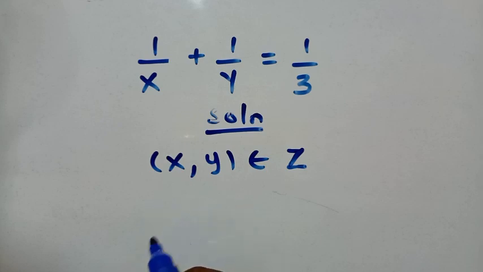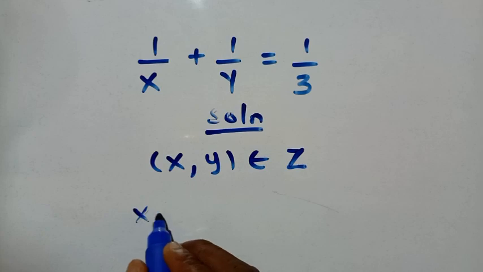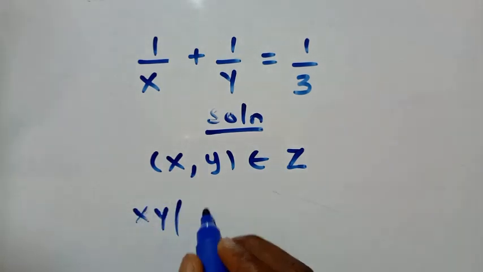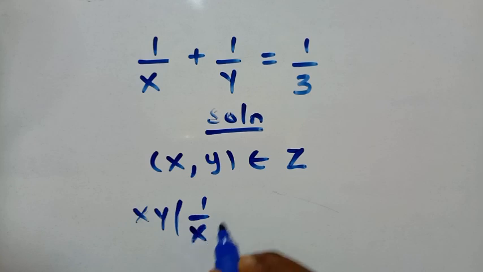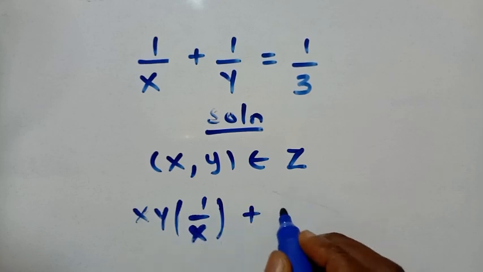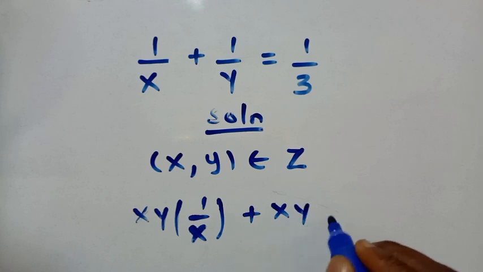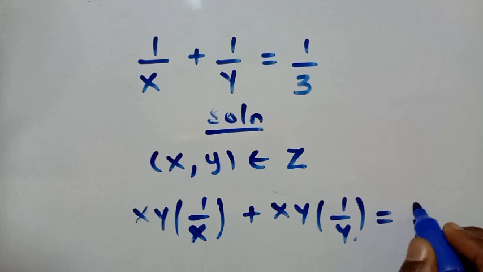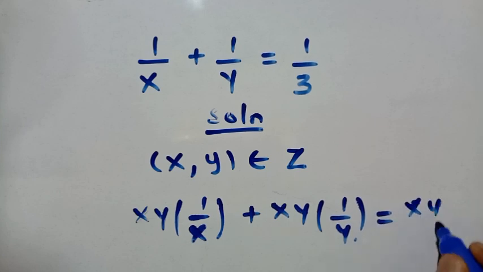Then we multiply through by xy. Therefore we have xy multiplying 1 over x, plus xy multiplying 1 over y, equals xy divided by 3.